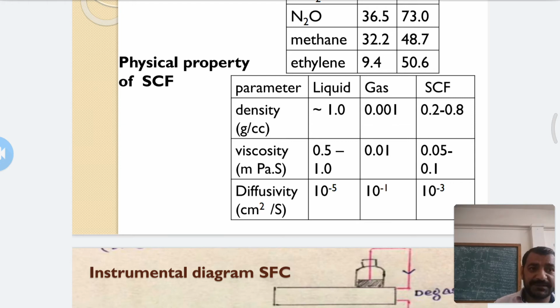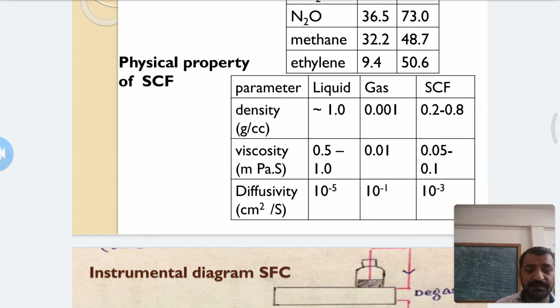In the supercritical fluid phase, its density is near about 0.2 to 0.8.